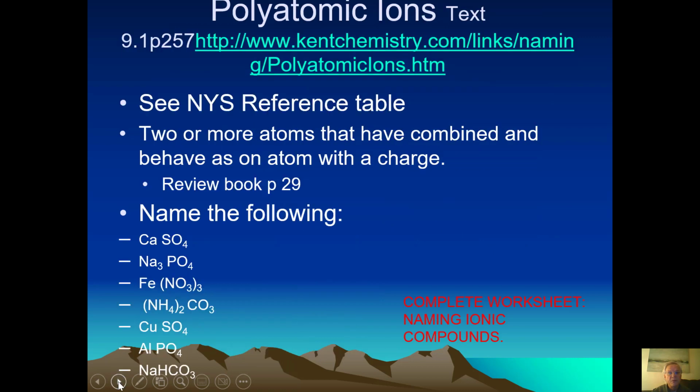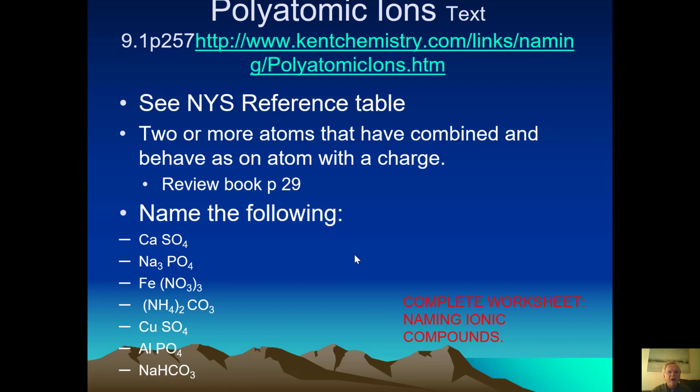So the next page, again, it's naming compounds with polyatomic ions. You would go to the chemistry page to look at that too, or to see a lesson on it, and then we'll talk about this worksheet in a second.